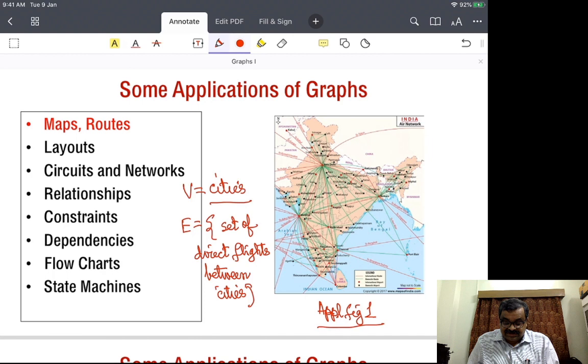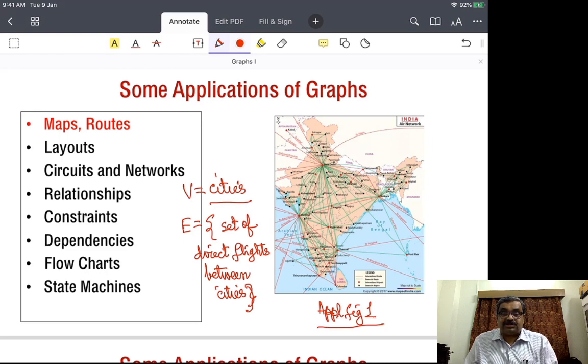So in this case, we have a graph G(V, E) where V is the set of cities and E is the set of direct flights between cities. And typically, if it is a directed graph, then it will have a from-to relationship, where it will be the flight from this to that.